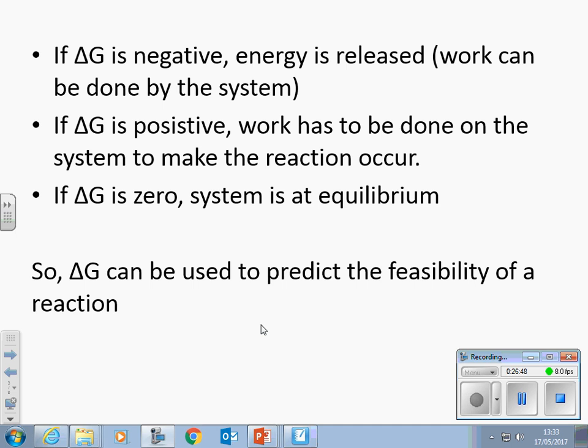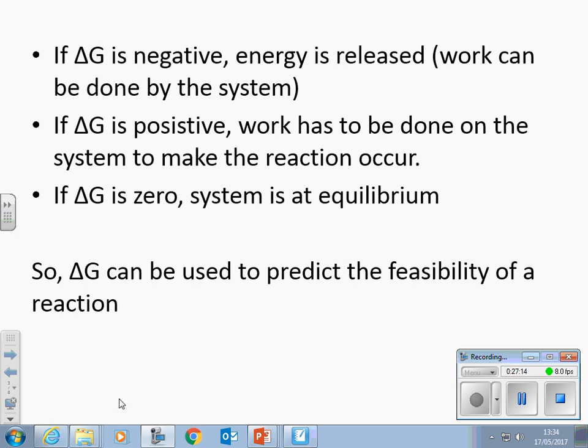So if we can calculate delta G, then you can predict whether a reaction's feasible or not. Now, we use rather silly examples because the reactions you're going to do are quite obviously feasible. They happen. But to predict the feasibility of a reaction that you don't have the practical means to carry out could be quite useful.